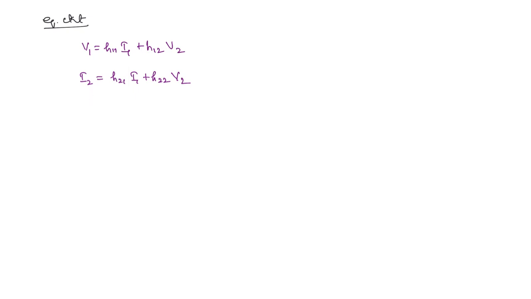So this will form a parallel circuit, and this will form a series circuit. First we will draw the input side. We are going to get H11. Current I1 will flow here and the voltage V1 will be marked like this, and you will have a dependent voltage source here. It is a voltage dependent voltage source.